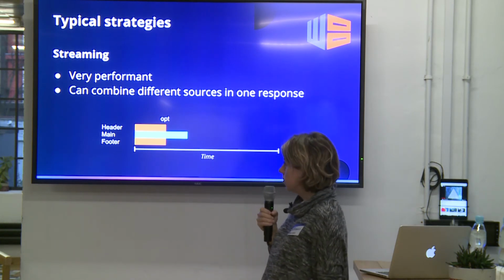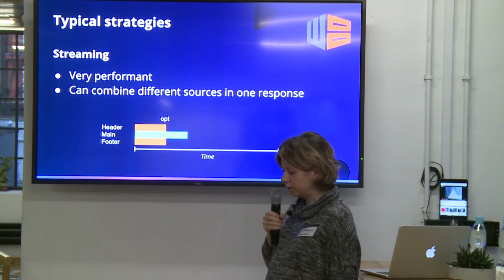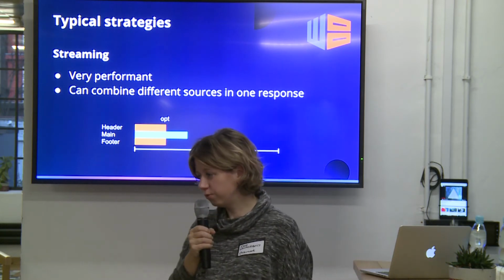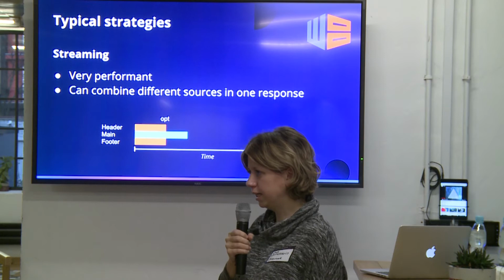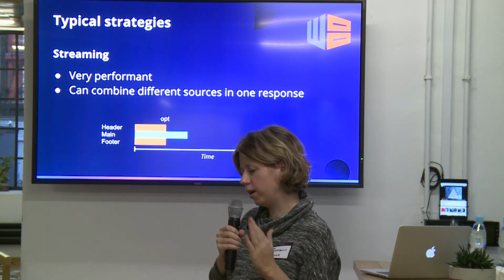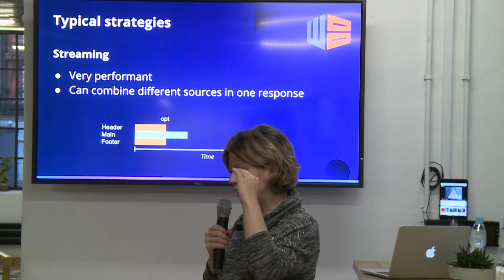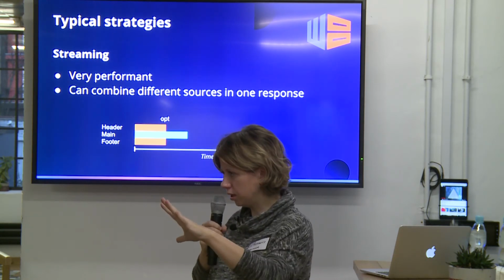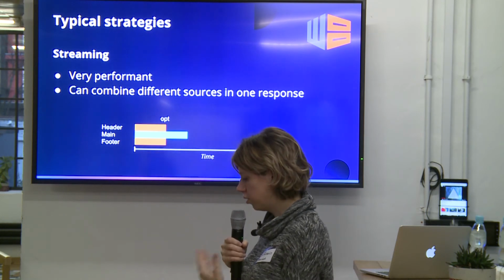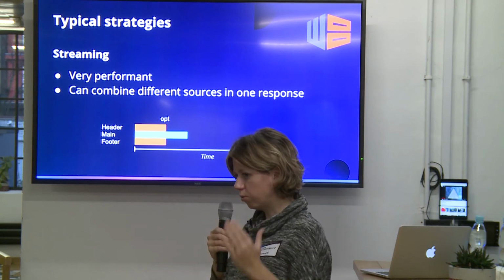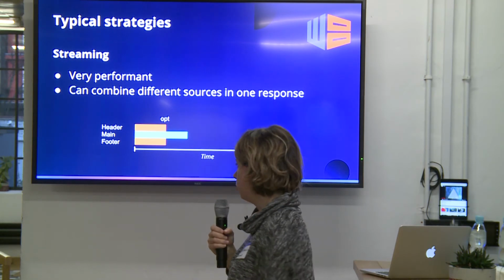And now, last but not least, it's not so much a strategy as a kind of technique. You can use streaming, and with the Workbox library, streaming is very, very simple. If your content is constructed in a way that it can be rendered linearly, let's say you have a header, and then some main content, and then a footer, you can combine different strategies and stream them to the page rather than wait for the whole response to arrive from somewhere.